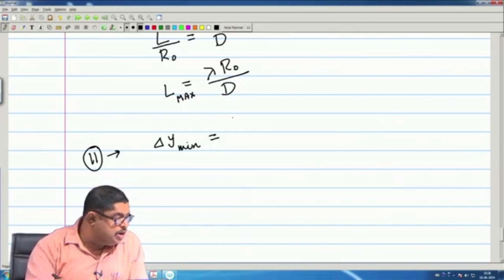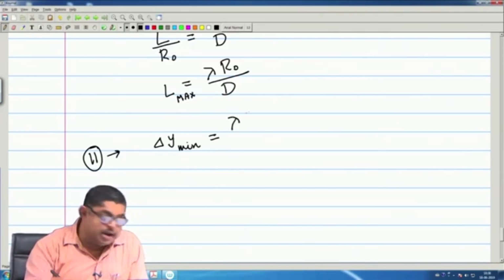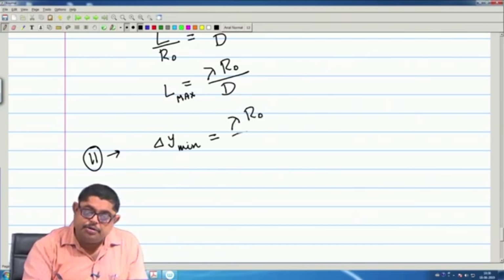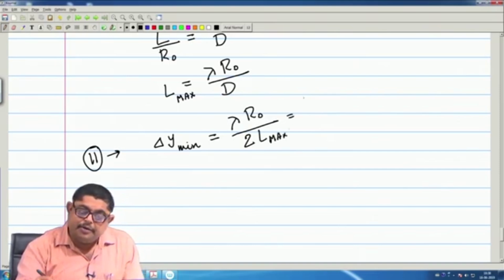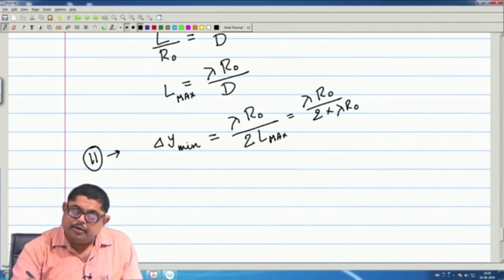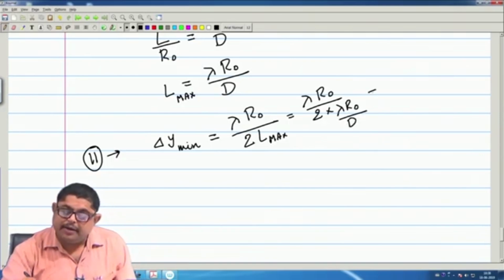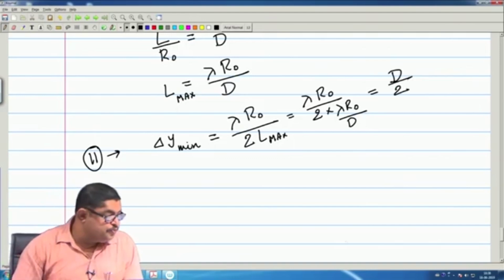So, delta y min will be lambda R naught by 2 L max, and if I do that, 2 into lambda R naught by d, it becomes a surprise that it is d by 2.